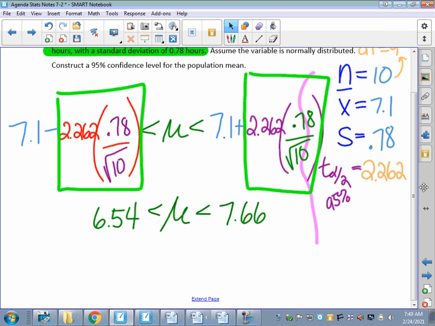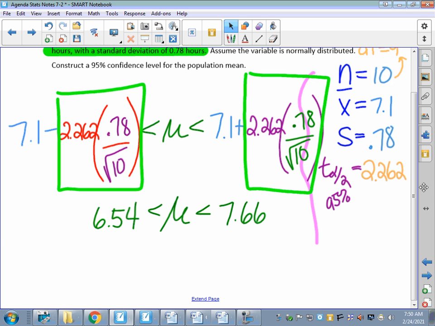Now that's based on this very small sample. My mean might end up in there if I found the true population mean, but I could be off because maybe I didn't have the best sample out there. Maybe you think that average number of hours of sleep, 7.1, is quite high. I don't know. But that's my final construction for that.